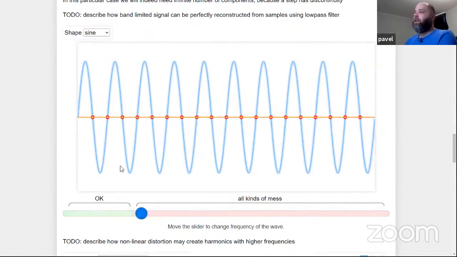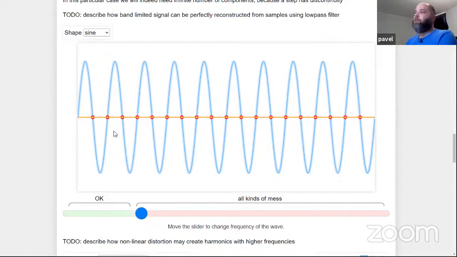And here we see that we are at the so-called Nyquist frequency. Nyquist frequency is, by definition, half of the sampling frequency. So if our sampling frequency is like 48 kilohertz, our Nyquist frequency is 24 kilohertz. And here we can see that we have exactly 2 samples per period.